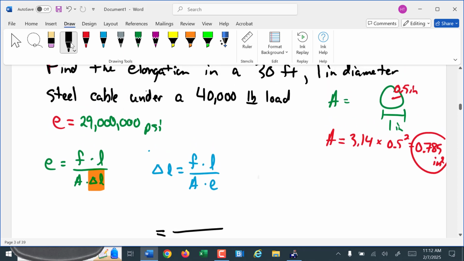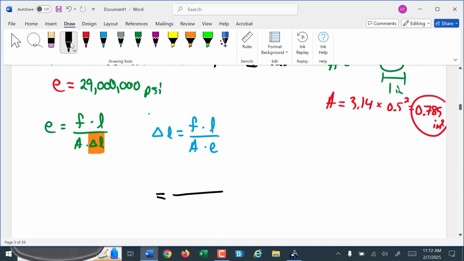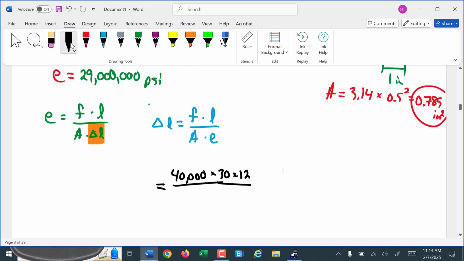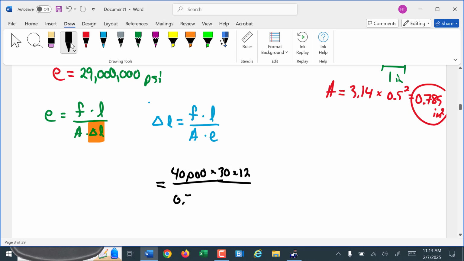So we had a load, 40,000 pounds, times a length, 30 feet. Again, remember, we have to convert that to inches, so times 12. Over our area of 0.785 times the elastic modulus of 29 million.